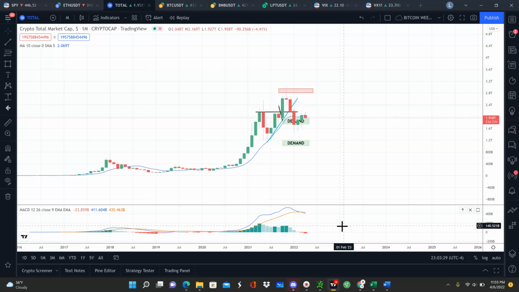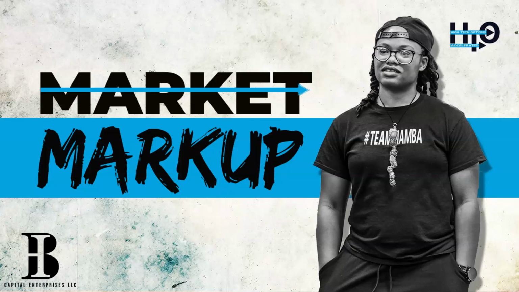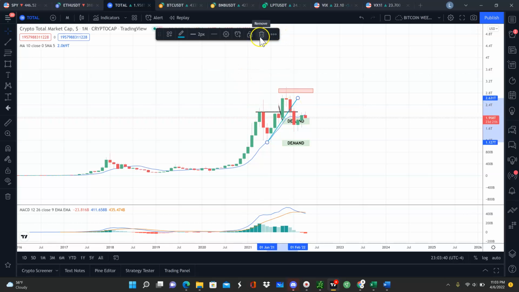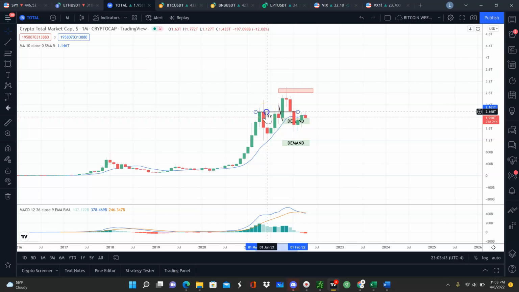But let's go ahead and jump into crypto total market cap. So again, this is the monthly chart, and I'm going to delete some of my trend lines here because they're old, and I want to get a fresh view of what's going on with the crypto market as a whole.